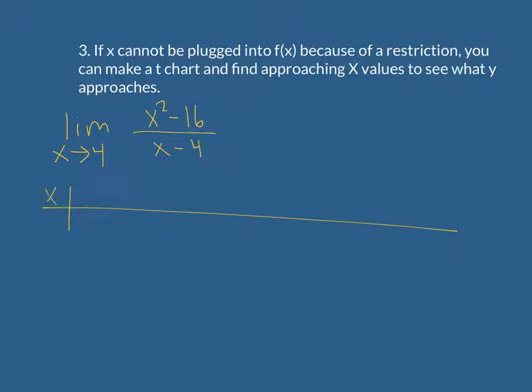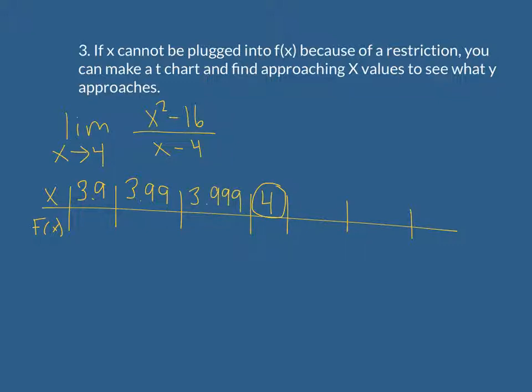All right, so what you can do, let's say I have an x and an f of x value. Our x value needs to approach 4. So that's our magic number. We are going to make values that get closer and closer to 4. Now, the more values you have, the better approximation you'll get, but it doesn't matter too much. So approaching from the left side, let's start at 3.9, then 3.99, and then 3.999.